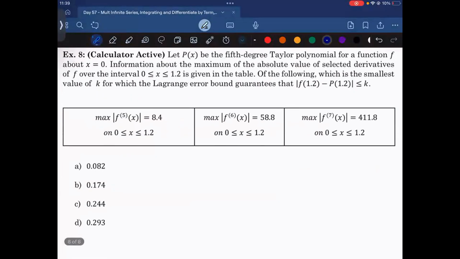And our last one here, we have let P of x be a 5th degree Taylor polynomial about x equals 0, which means it's Maclaurin anyway. So that's nice, information is given. So we are at the 5th degree, which means we're going to find the next term, x minus 0.